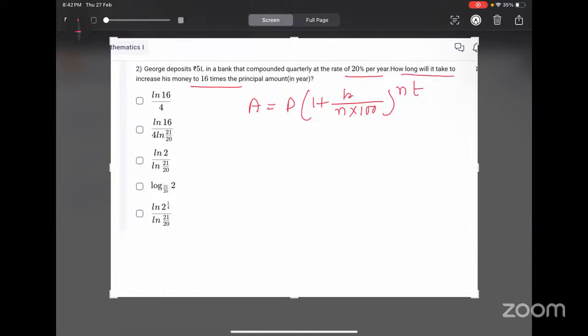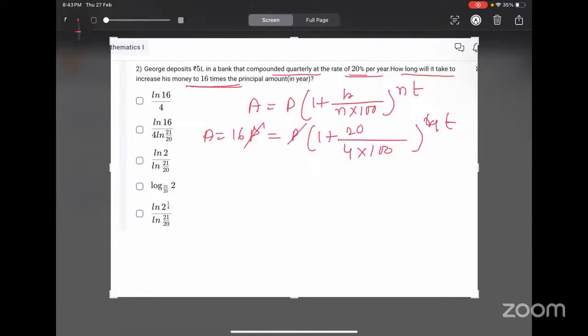That means the value of t when the final amount is 16 times the principal amount, that means when A equals 16P. So A equals P times 1 plus r, which is 20, quarterly in a year means n is 4, into 100, to the power 4t.